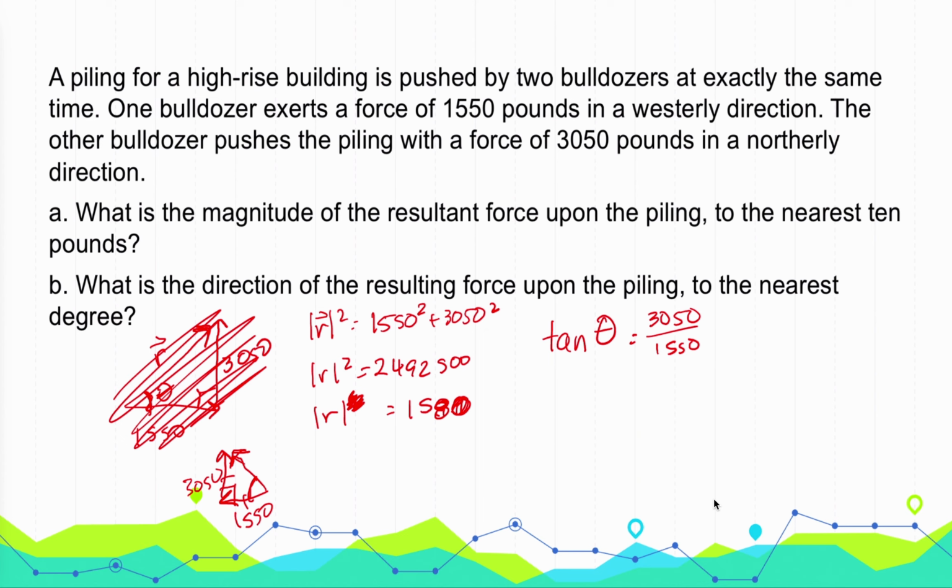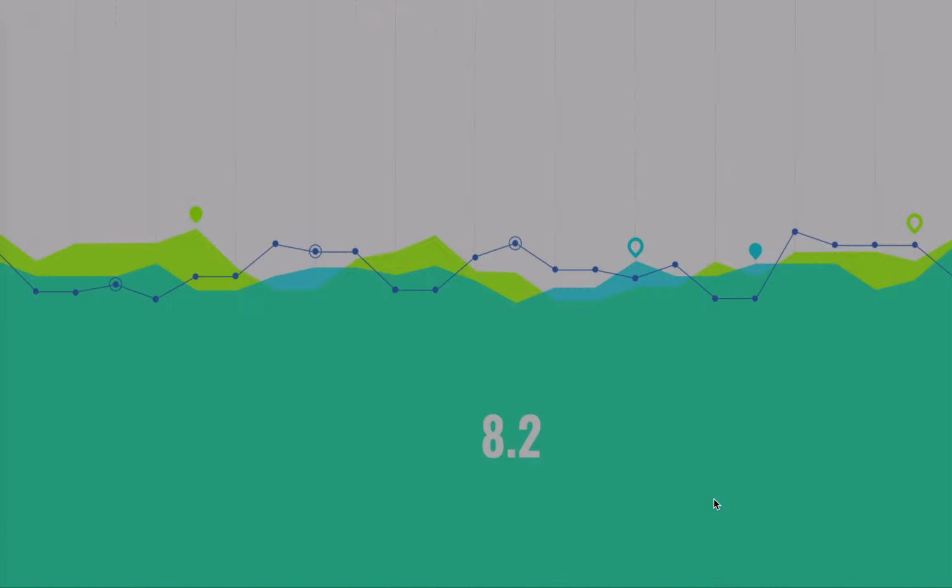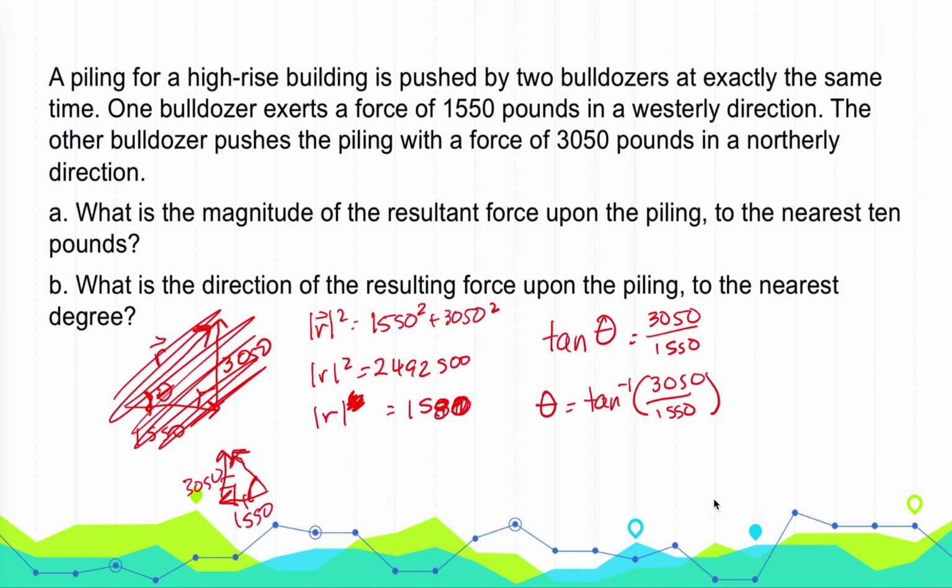And so to find angle theta, we're going to use the inverse tangent of 3050 over 1550, which is 63 degrees.